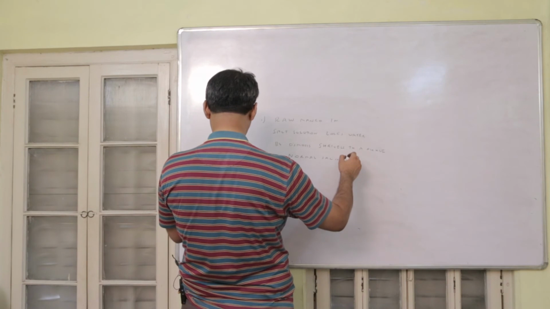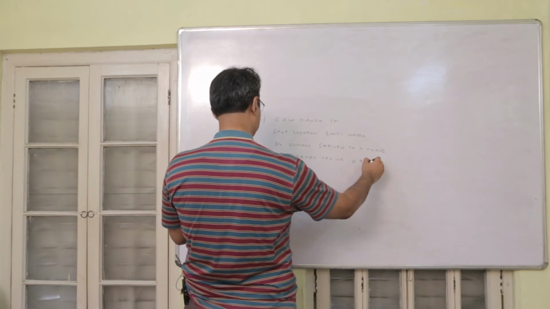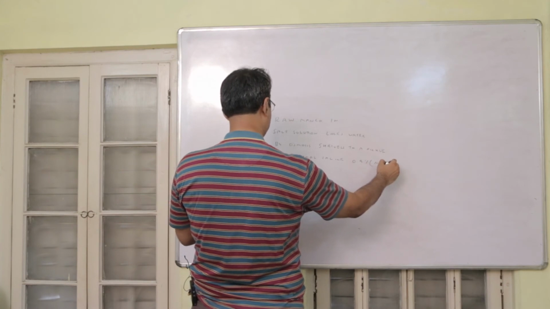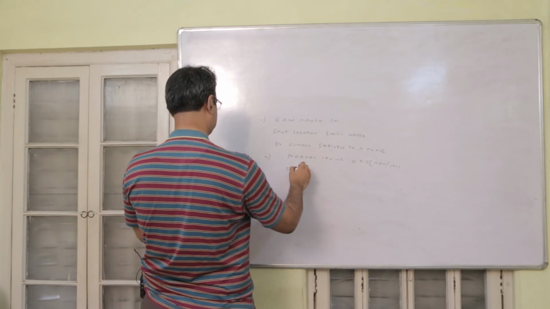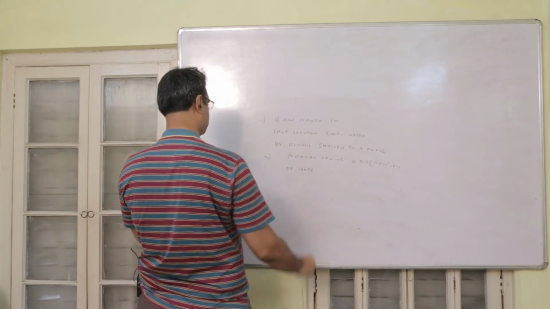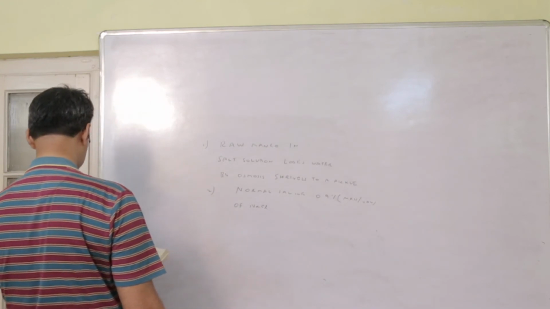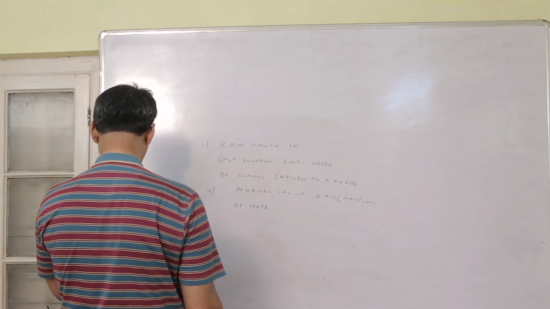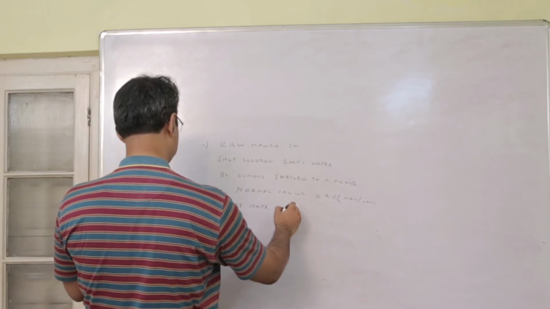Normal saline contains 0.9% mass by volume of NaCl, and it is isotonic with the human blood.